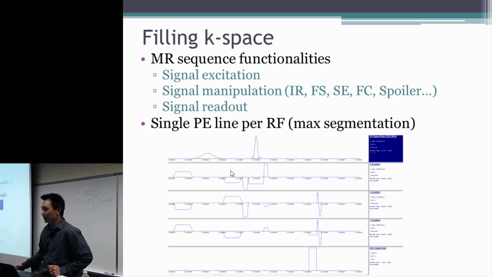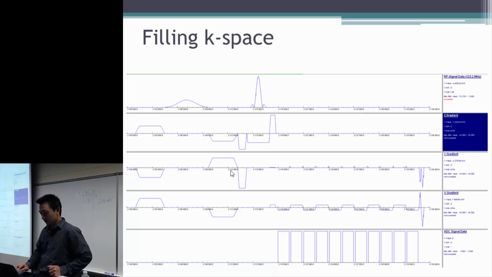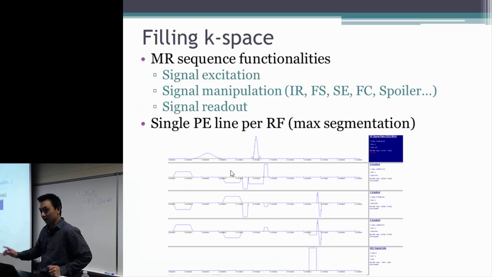So this one is actually the maximum segmentation scenario. Is there any question about this one? It's very clear. We call this a single echo, and we require NY excitations to collect the whole k-space.